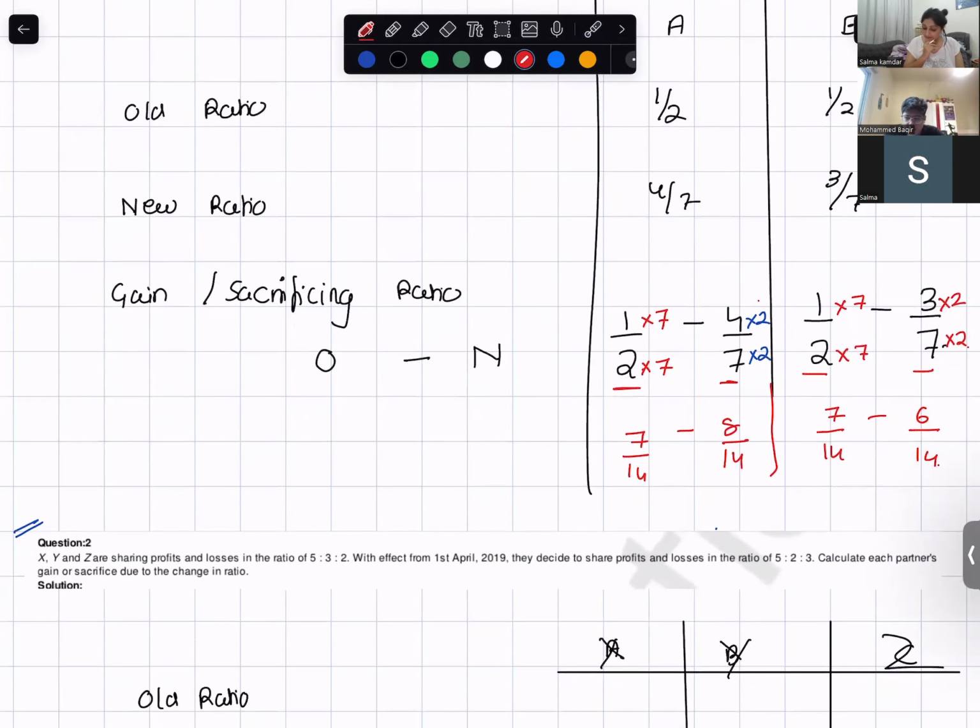So now what will it be? 7 minus 8, so minus 1 by 14. And this is 1 by 14. So this partner has gained because the answer is negative, and this partner has sacrificed. Come on, try doing it yourself.